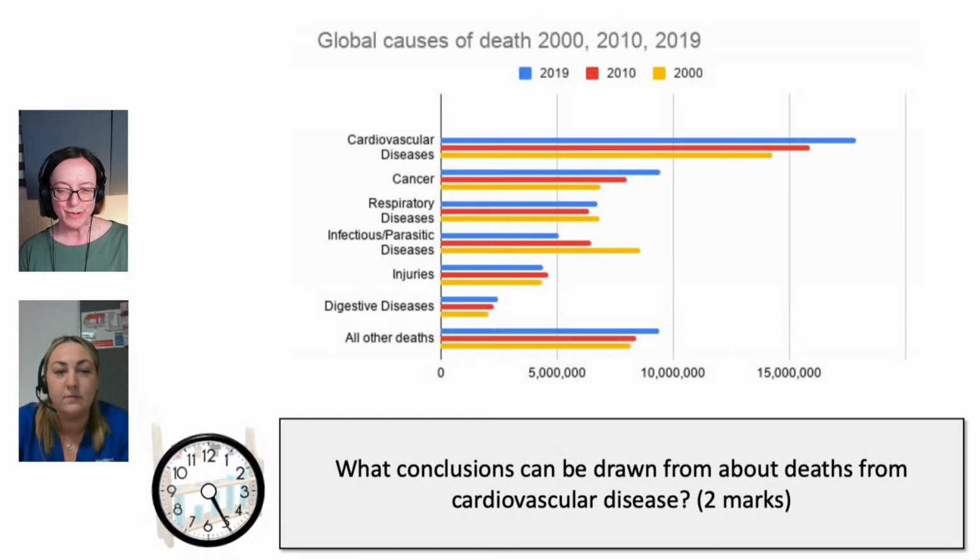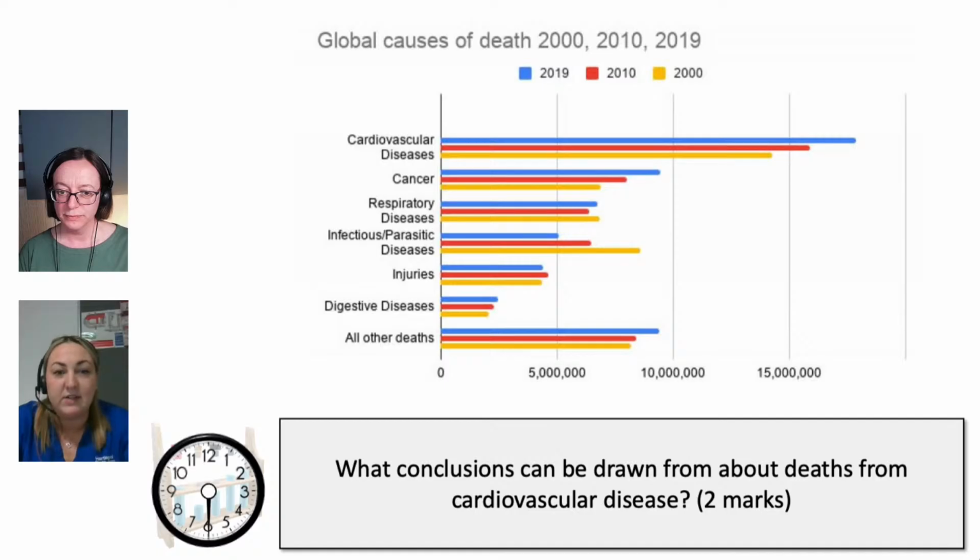So hopefully someone will give us a really nice answer. Okay, would anyone at home like to give us an answer? So there's 2 marks. So as an examiner, I would be looking for 2 points about cardiovascular disease that I can see based on this graph. And like Charlotte says, just saying what you can see. So Charlotte, what would you maybe say to me for your 2 marks?